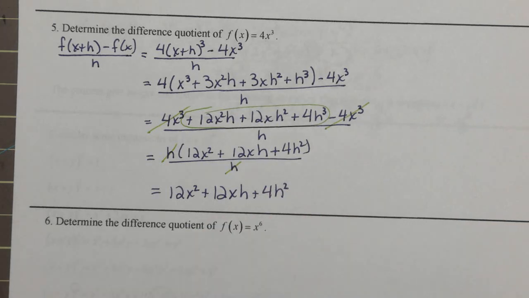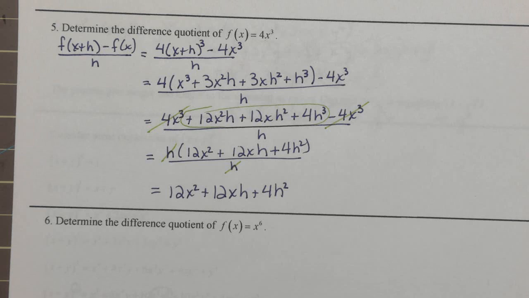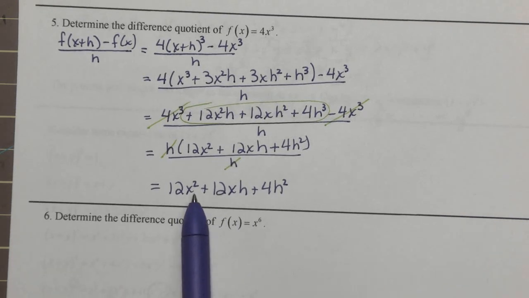I'm done. That's the difference quotient. In calculus, we'll take that difference quotient and we'll take a limit as h goes to 0. As h goes to 0, what does that become? 12x squared. That's the derivative of that function.